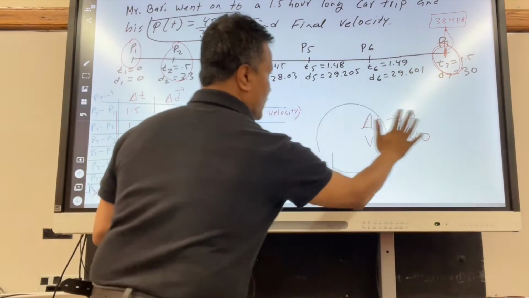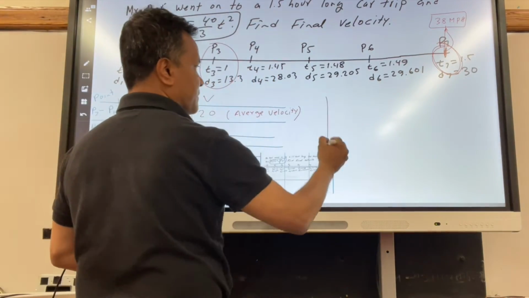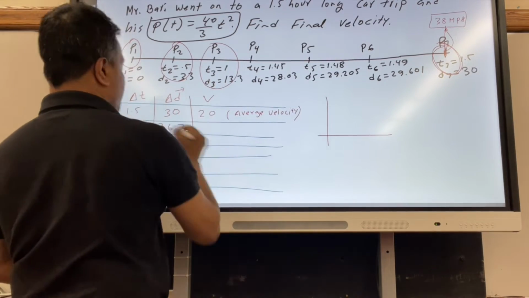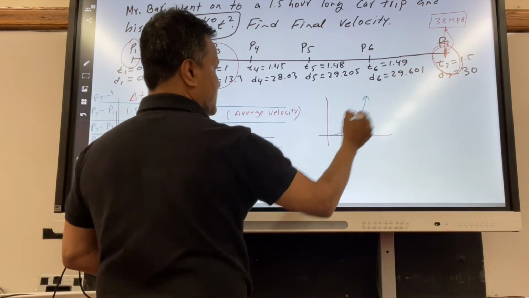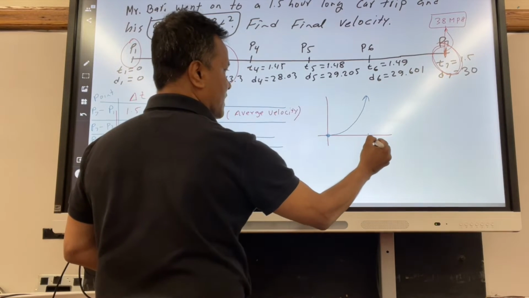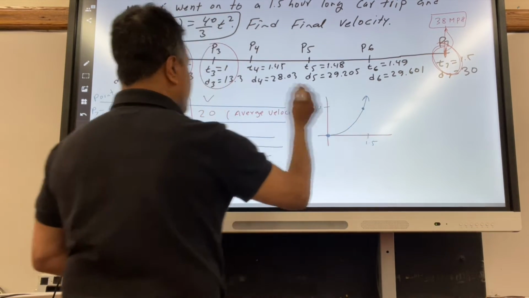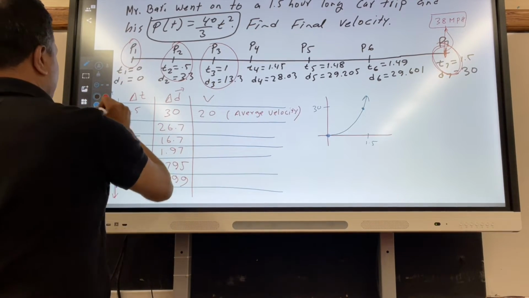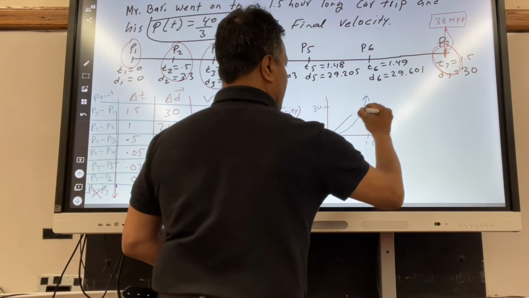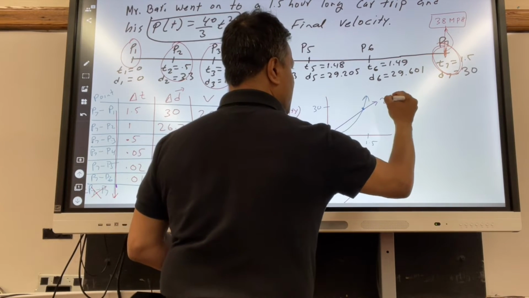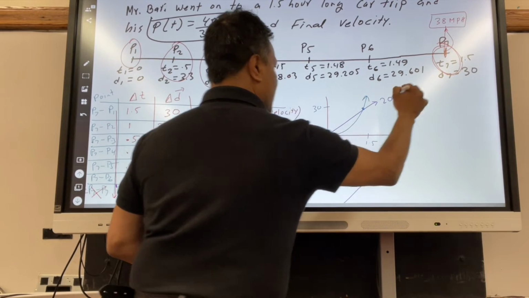All right, if we draw it, this would be the velocity. Okay, so 0, 0, 1.5, 30, and that will be this, and so the velocity of this one is 20 miles per hour. So this is the average velocity.